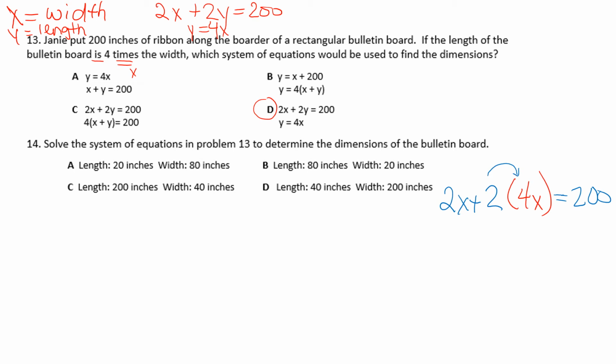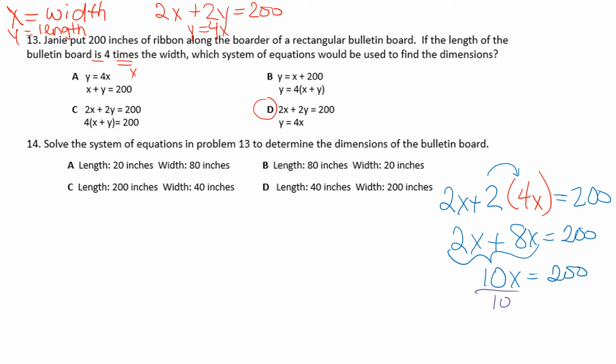Distribute here. 2 times 4x is 8x, so we have 2x plus 8x equals 200. Combine your like terms. 2 plus 8 would be 10. Keep the x. And then to get the x by itself, we want to divide both sides by 10. And so x would be 20.